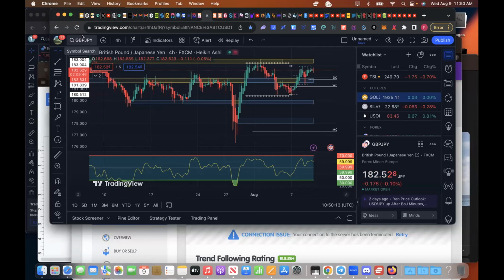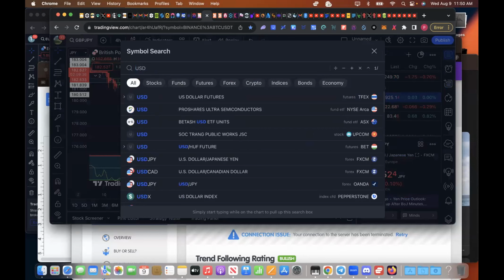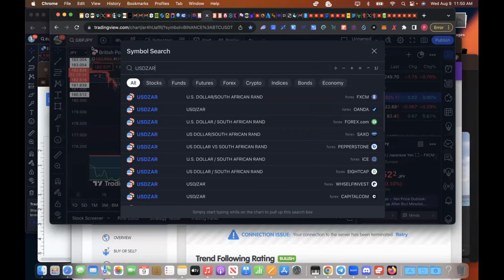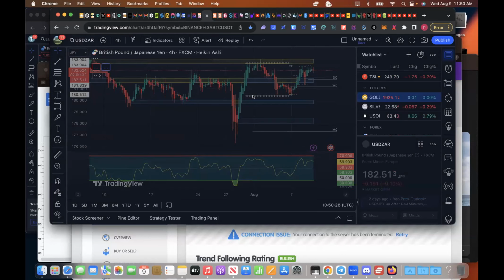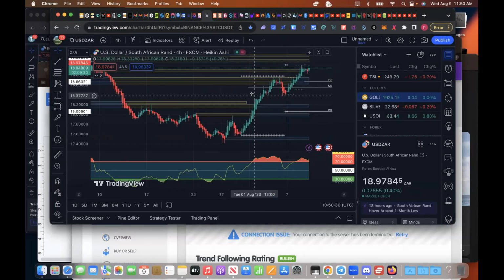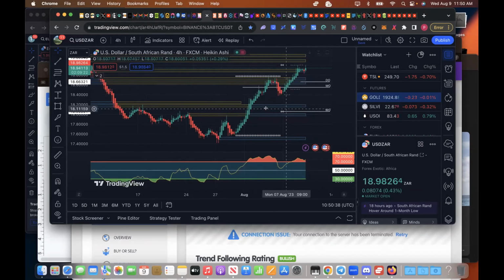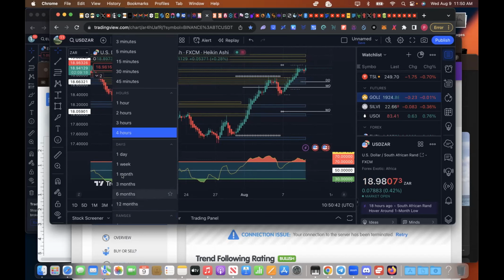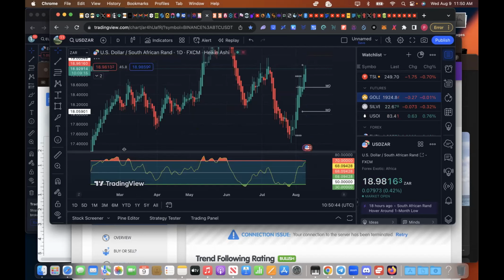I think it's Joshua that always trades USD/ZAR, very regular. USD/ZAR, exotic pairs. What a continuous trend like this. What a continuous trend.